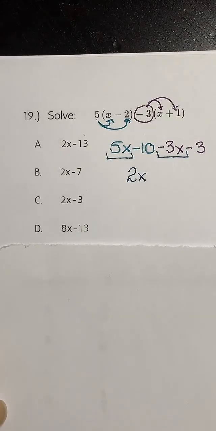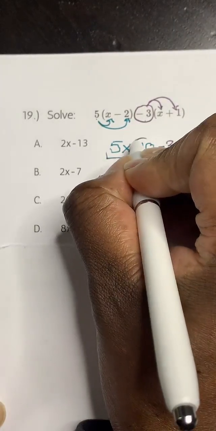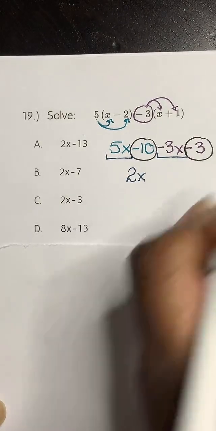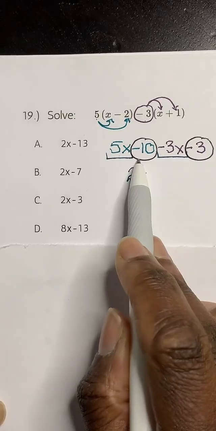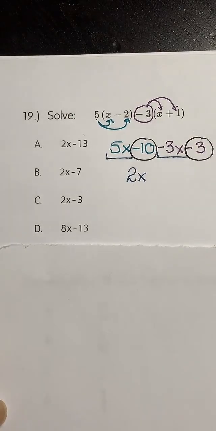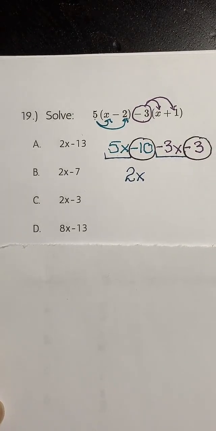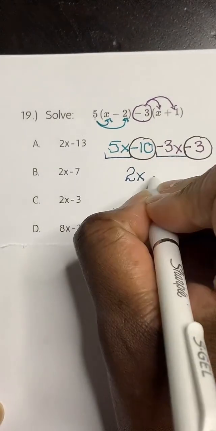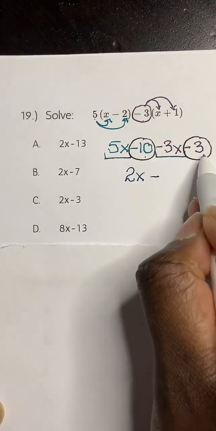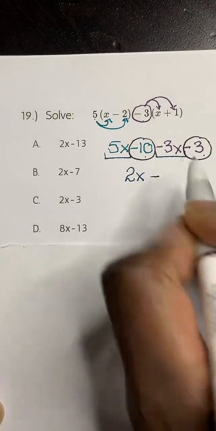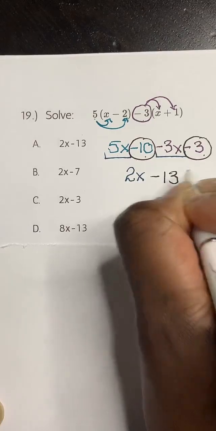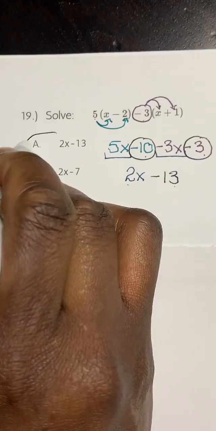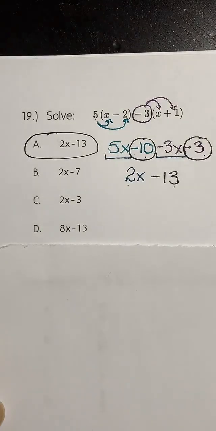So when I take a look at the negative 10 and the negative 3, they both have the same signs. So it's almost like if I'm using a credit card, I'm just putting myself further and further in debt. So I have to keep my negative, but then I'm adding the amounts. So 10 plus 3, that gives me 13. So my answer here is going to be 2x minus 13, which is A.